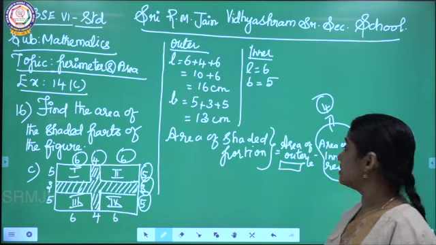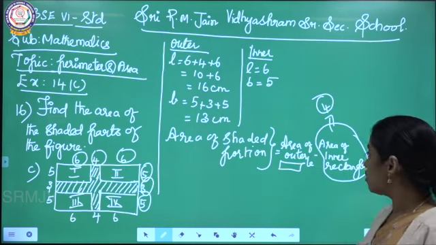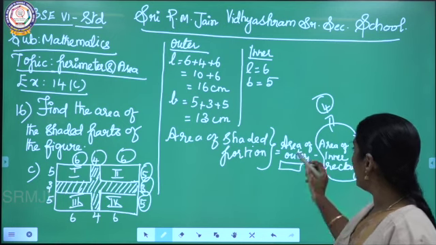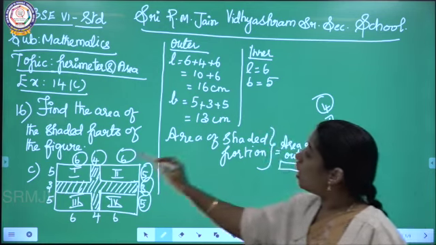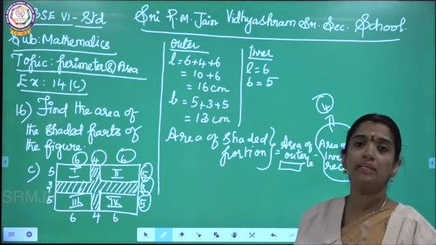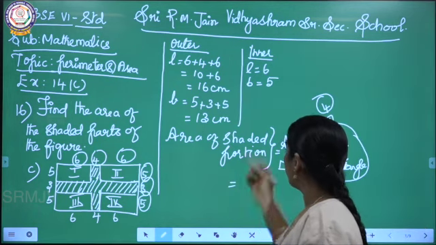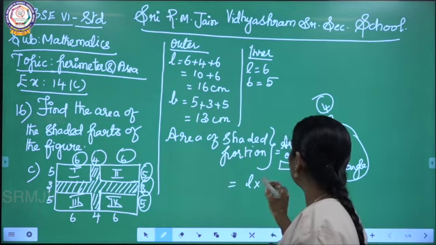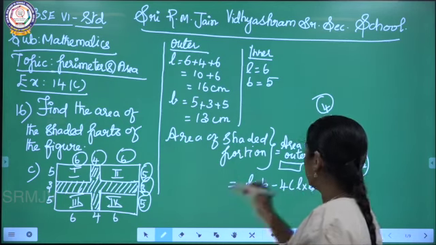But in this sum, you are having 4 rectangles. So, what you have to do, listen, I have to multiply with 4 because all my length and breadth are same. So, only the thing I have to multiply by what? 4. So, listen, outer rectangle length into breadth minus 4 into length into breadth.